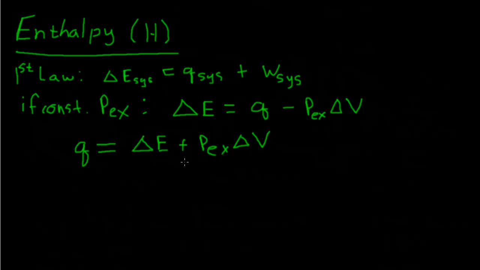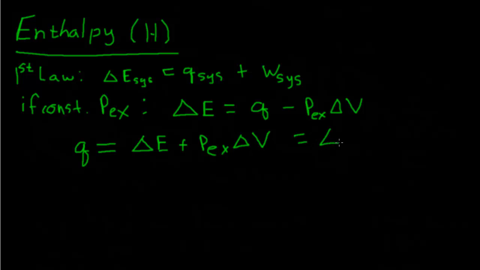Now on this side of the equation, we have energy, pressure, and volume. All of those things are state functions. They only depend on the state of the system at the current time, not how you got there. So this collection of state functions, we're going to call it a new thing: enthalpy.